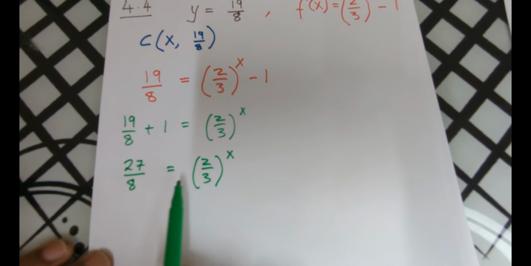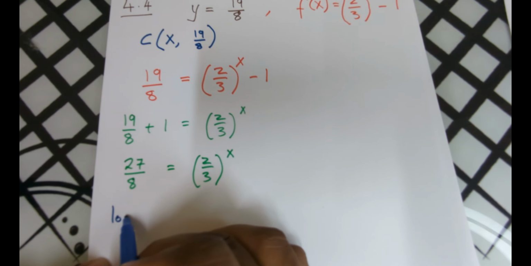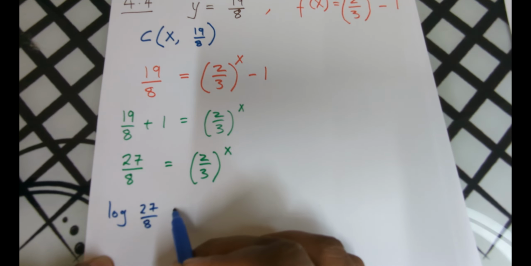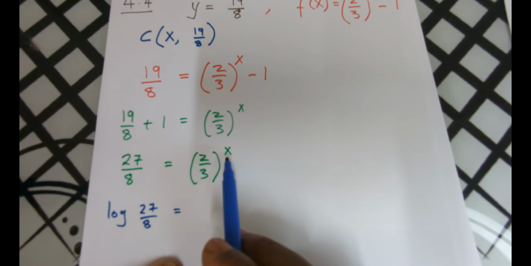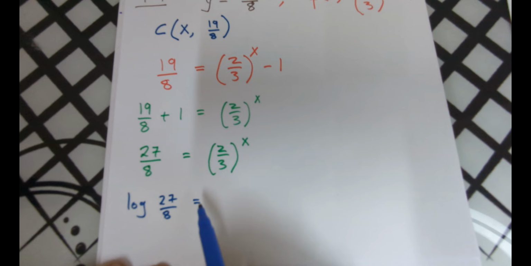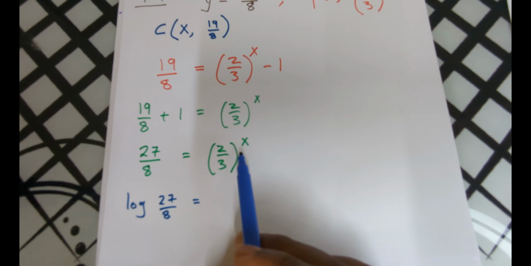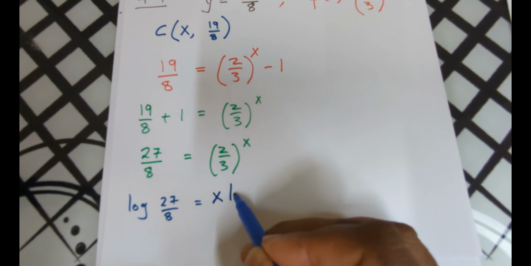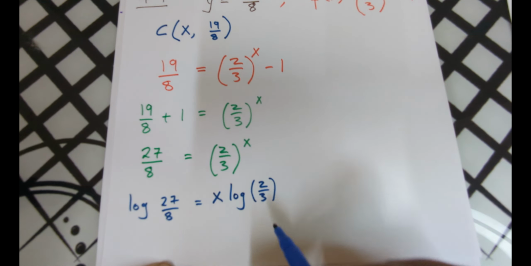And we can apply the logarithms on both sides, and it will be the logarithm of 27/8 being equal to the logarithm of 2/3 to the power of x. So we bring down the x first. It will be x, the logarithm of 2/3.